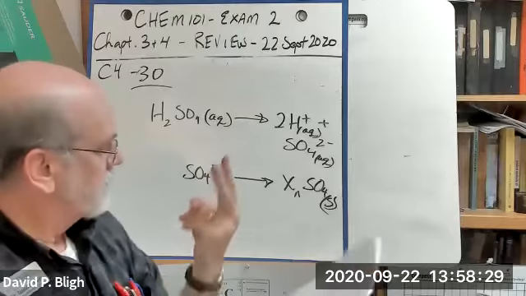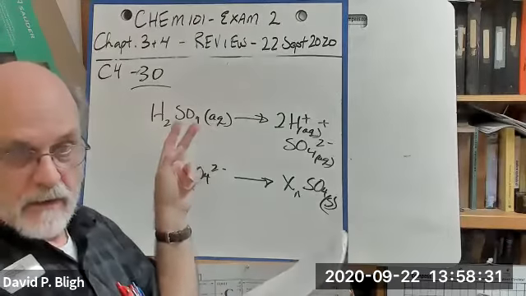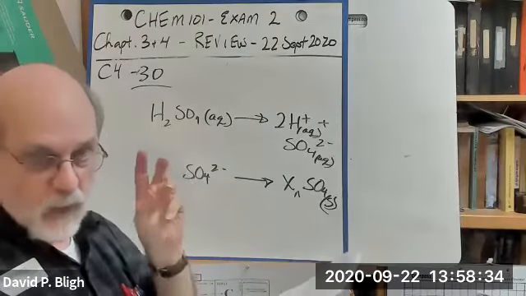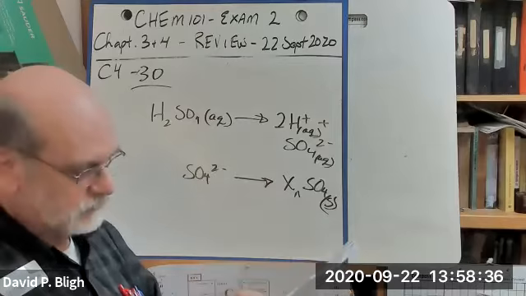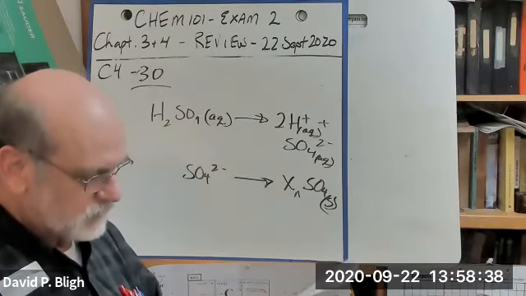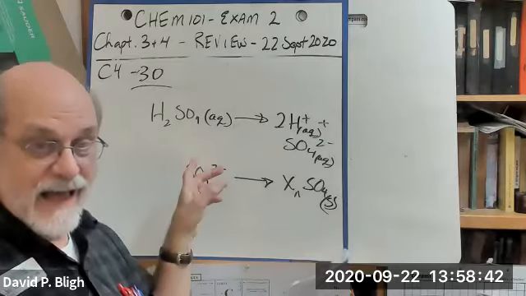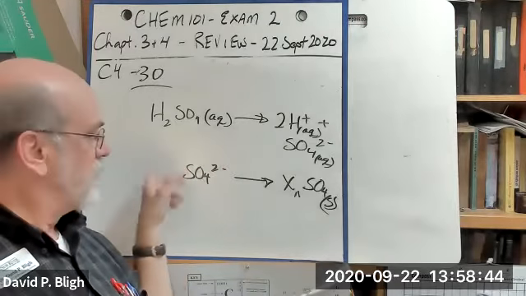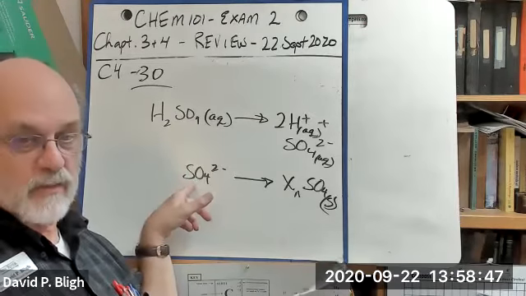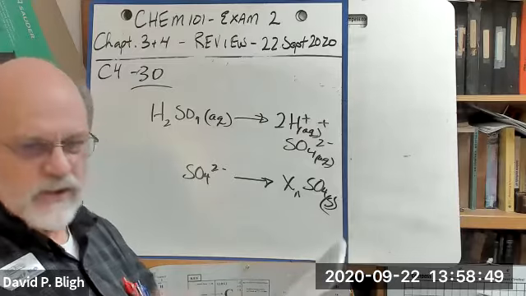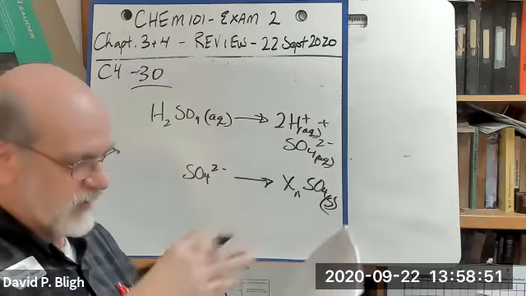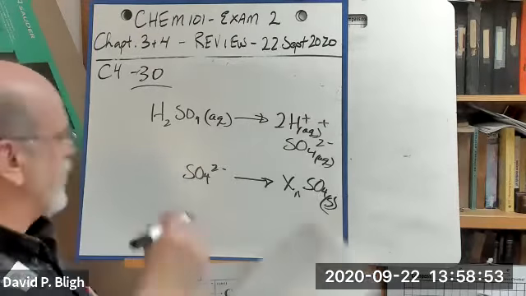The solution that we add to this must be a solution. Whatever you've got in there has to be soluble. And then the other condition is that the cation of that solution must form an insoluble compound with sulfate. So let's look at that one first. Let's go down the list. So what are the cations that we have available?